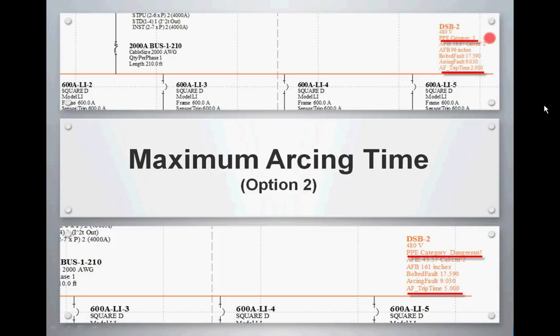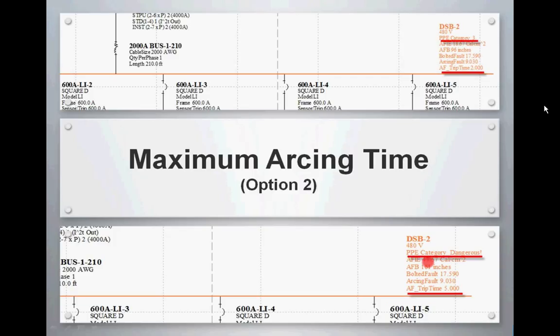Okay, when I calculated 5 seconds, it went to 43.57. So it's a huge increment of energy because of the extra 3 seconds.